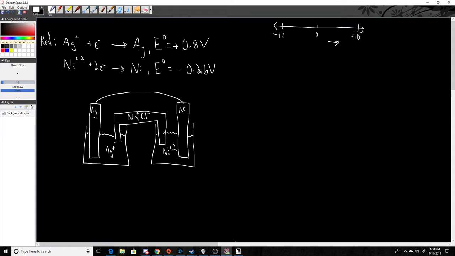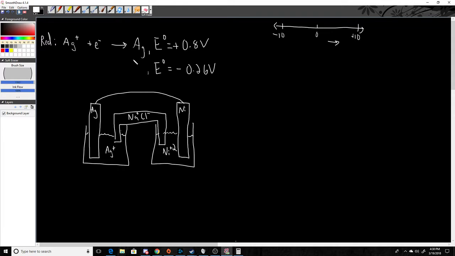Now the nickel reaction is still written as if it's a reduction reaction, and we know that's not the case. That means this one has to be an oxidation reaction. To indicate that, all I'm going to do is flip it. So I'm going to erase this one.